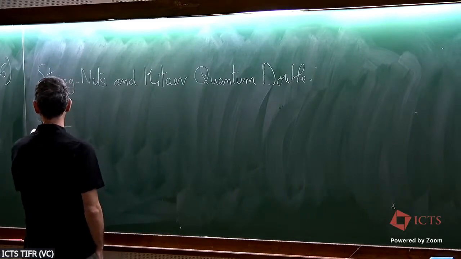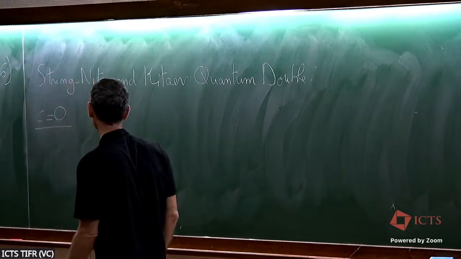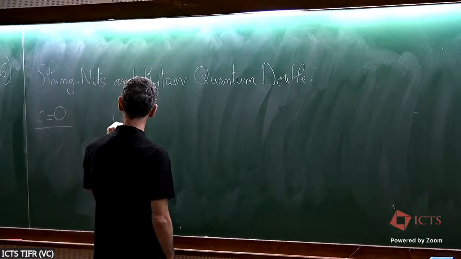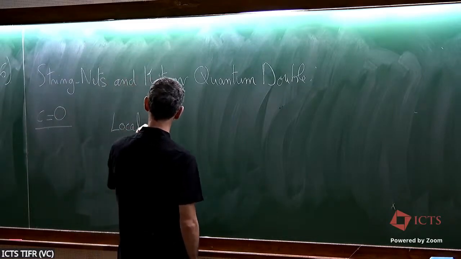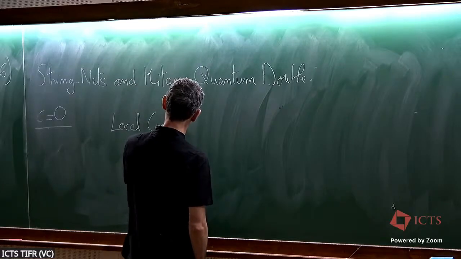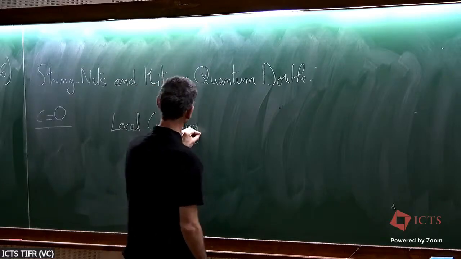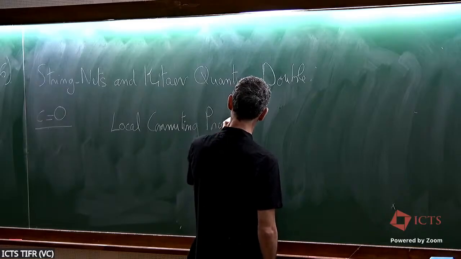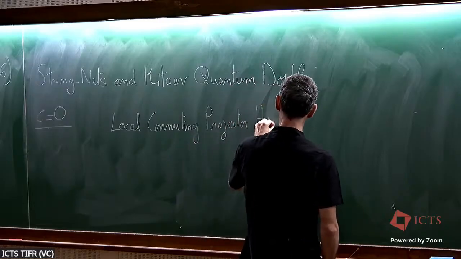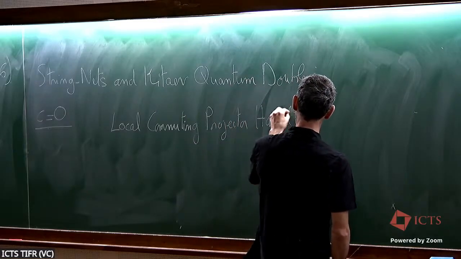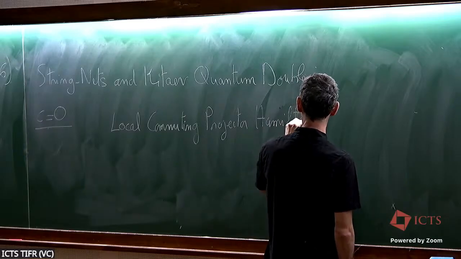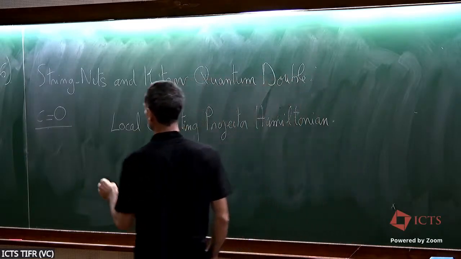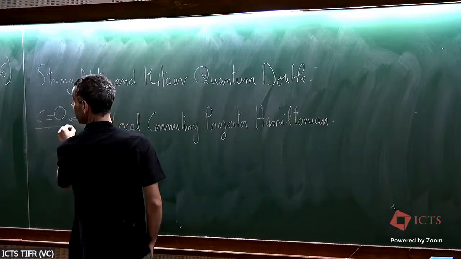Actually, you can prove that if you have a Hamiltonian made of local commuting projectors, and that's exactly what you have, for instance, in the toric code, they always have a vanishing central charge.